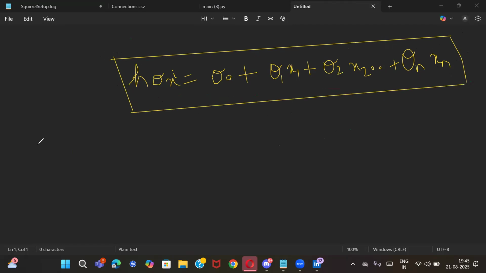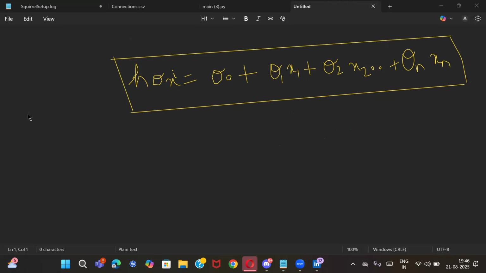And with the help of this, what are we going to do? We are going to find the best fit line. That's basically the thing. And this h theta, xi, theta 1, theta naught, theta n xn, how do we denote it?